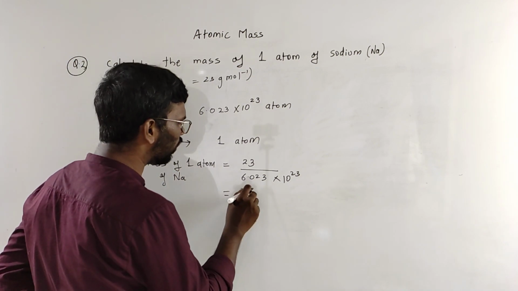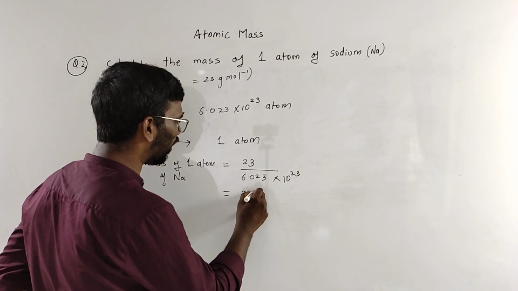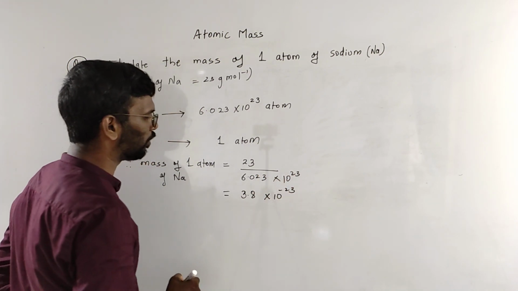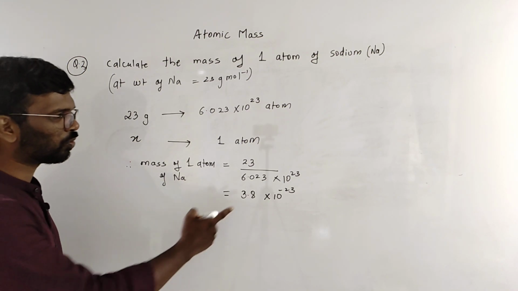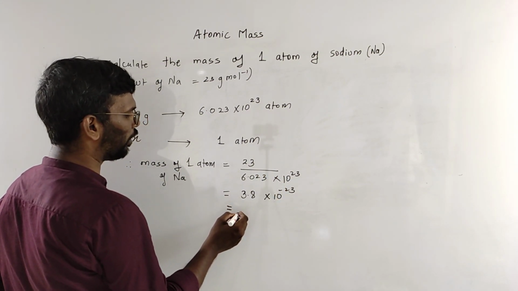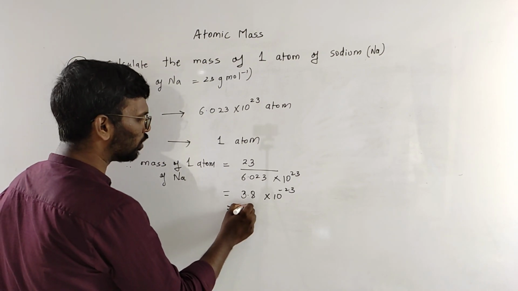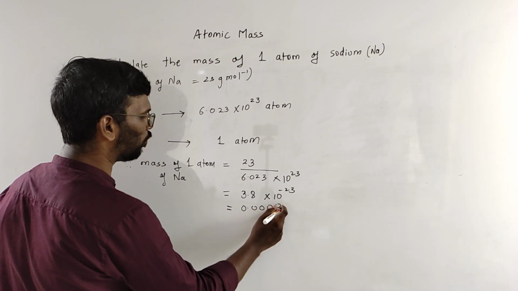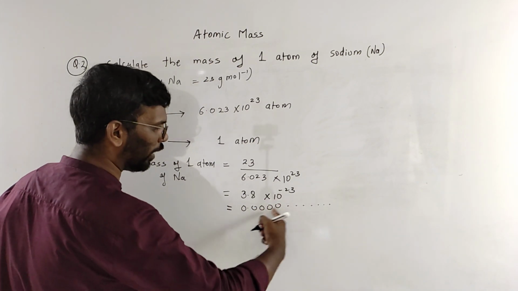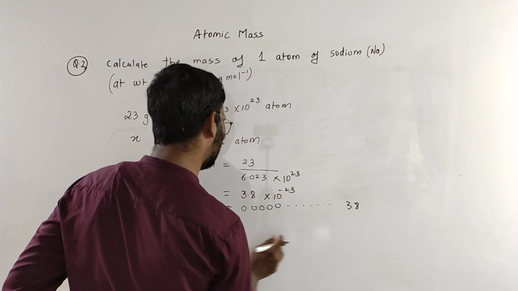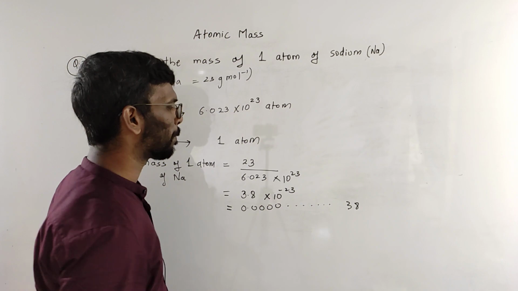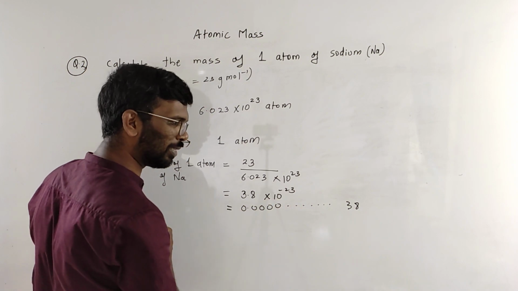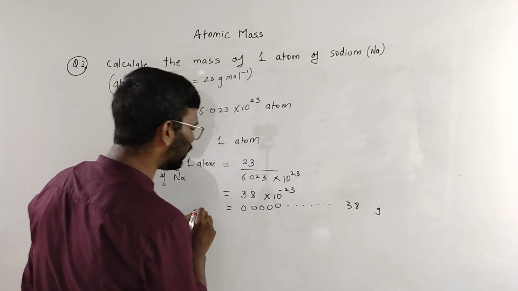We can consider this to be 3.9 or 3.8 into 10 raised to power minus 23, right? This will become 10 raised to power minus 23, isn't it? So this is 0.000038, with 23 decimal places, these many grams. So this is the mass of one atom.